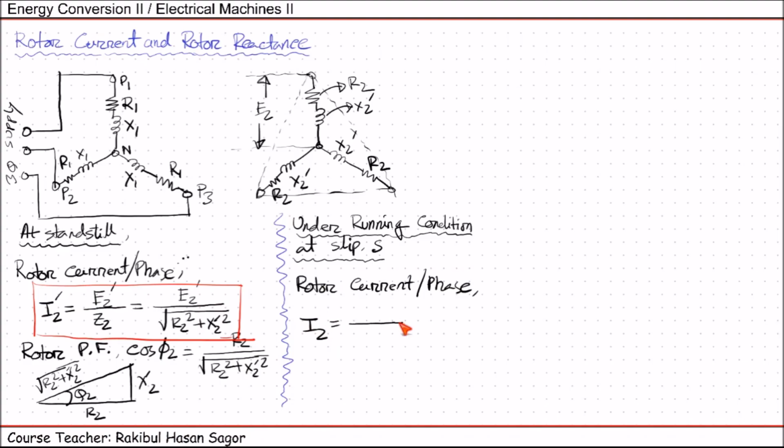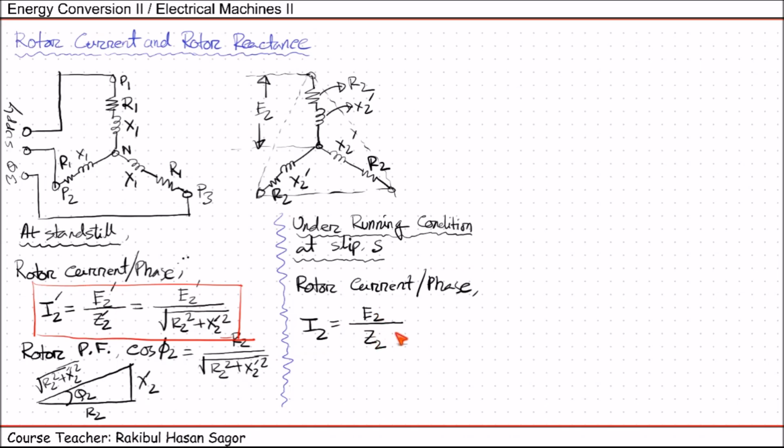Under running condition we cannot take S equal to 1, where we'll get E2 equal to E2 prime. Rather we need to consider E2 where E2 equal to S into E2 prime. Under running condition the induced EMF in the rotor side is E2, and E2 should be divided by Z2. It's better if we write Z2 prime here, then we can differentiate.